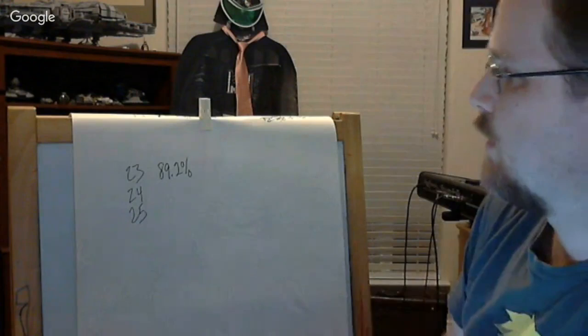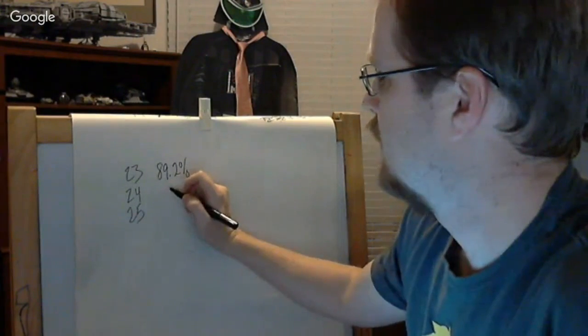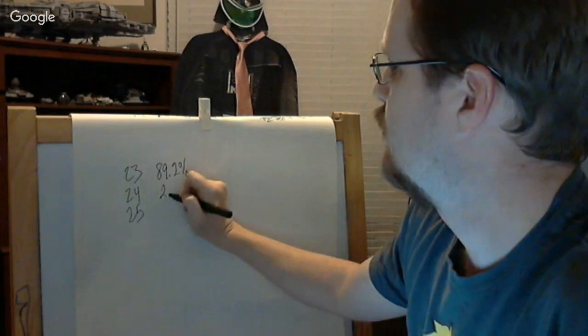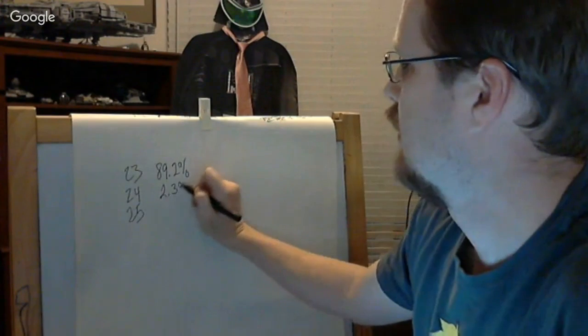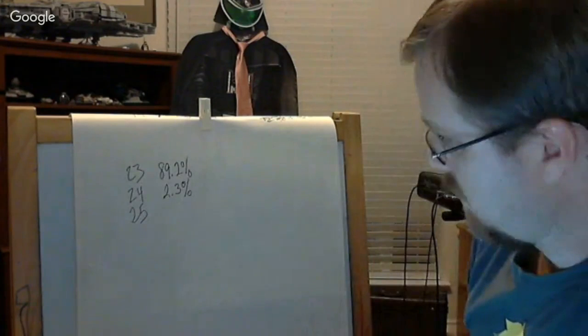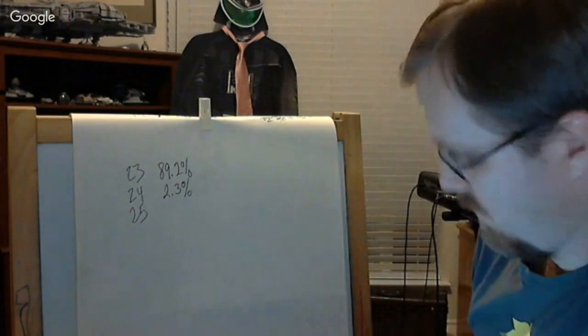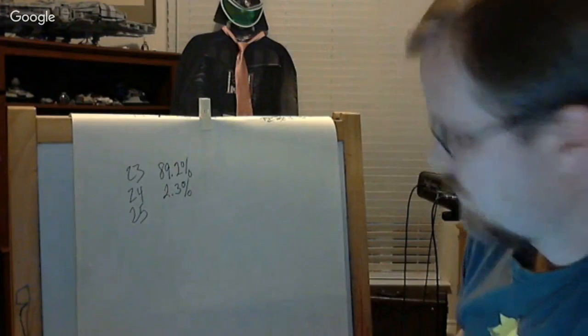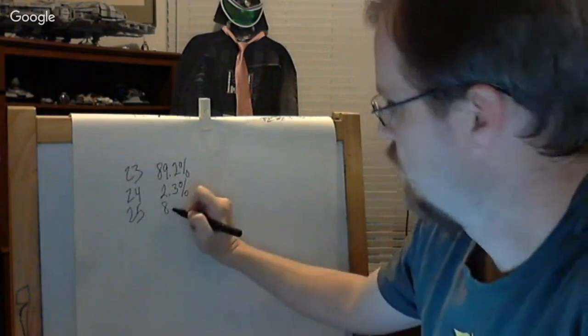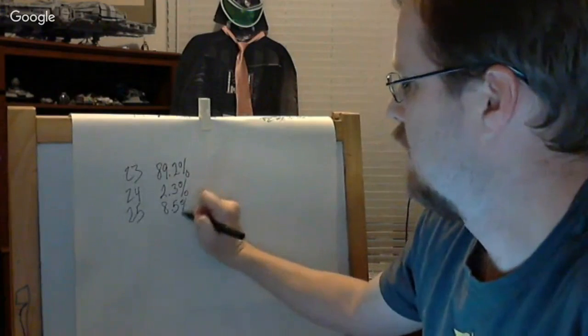The mass of 24 has a percentage of 2.3%. Okay, so I'm going to do a real quick calculation, which means that the remaining percentage should be 8.5%.